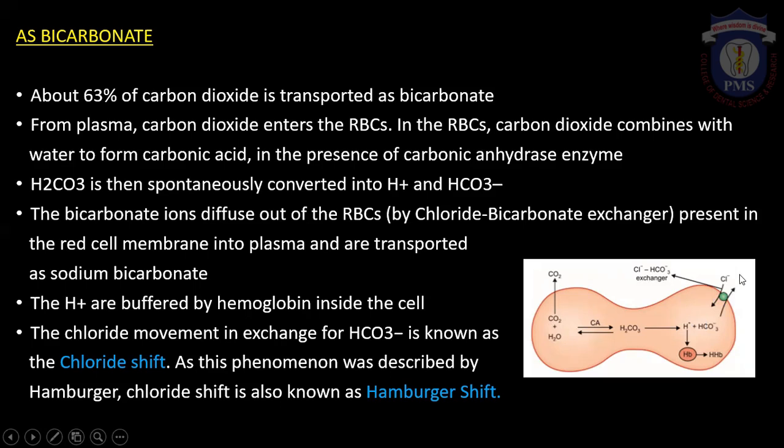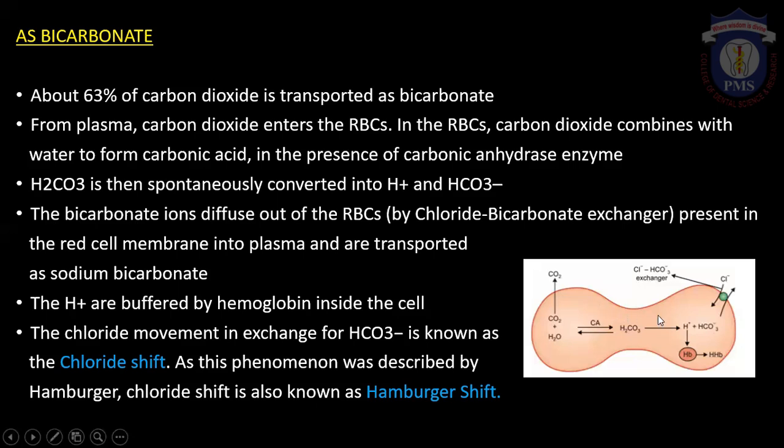Now here what happens is, as we know, sodium is the most abundant ion present in the exterior of the cell. So this bicarbonate will combine with the sodium that is present in the plasma to form sodium bicarbonate and is finally transported in that form.